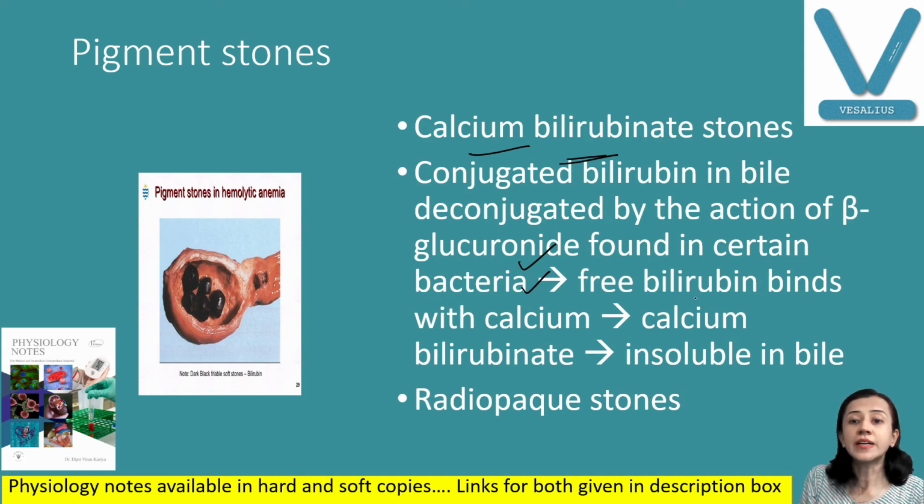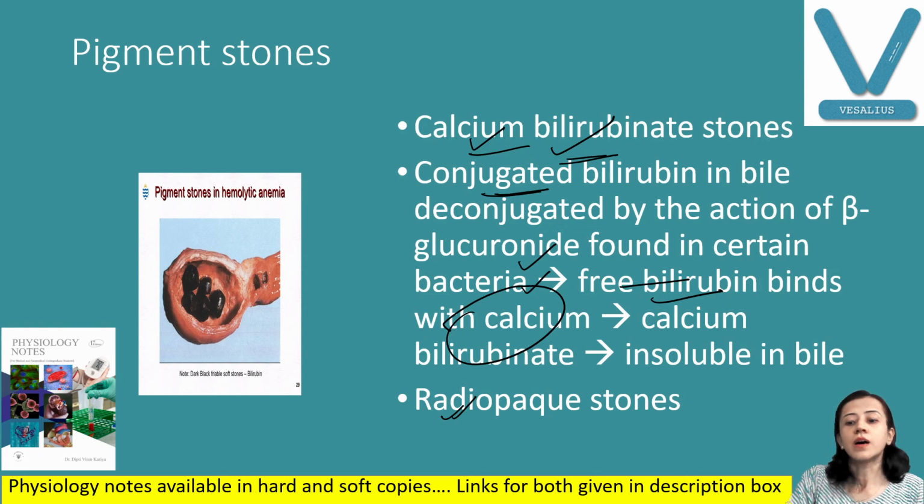When there is infection, the conjugated bilirubin gets converted into free bilirubin, and this free bilirubin binds with calcium. So calcium bilirubinate stones are highly insoluble in bile, and these stones are radio-opaque, so they can be visualized by X-rays.